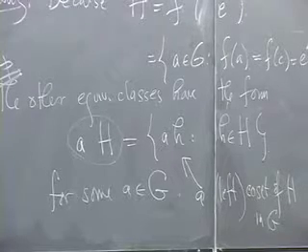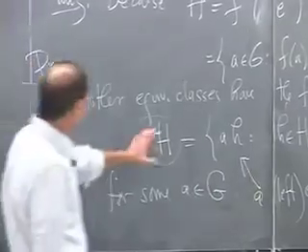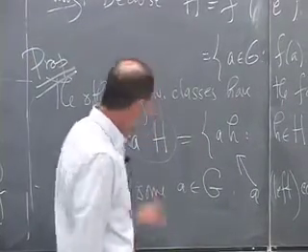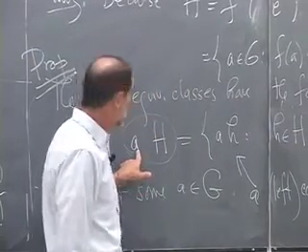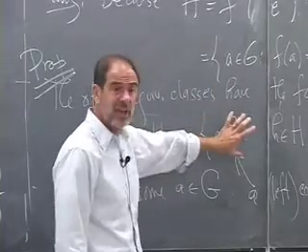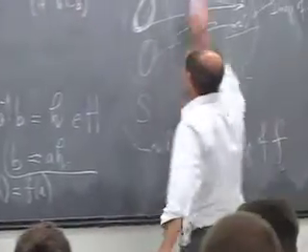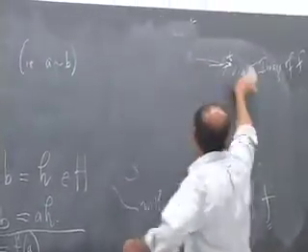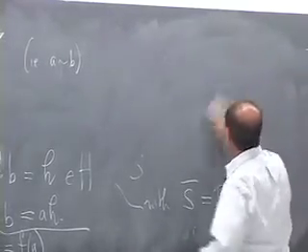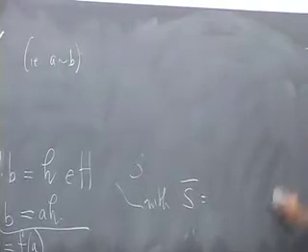The kernel is one of the left cosets: one left coset is just H, because you take a to be the identity element. If you multiply elements in H by the identity element, you just get the subset H. OK? Now, what's so good about that? What's so good is that every coset essentially has the same number of elements.